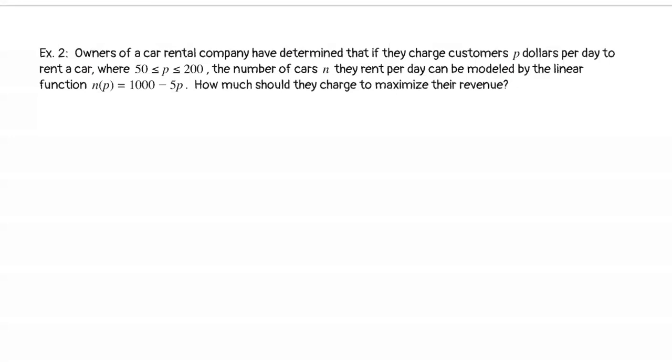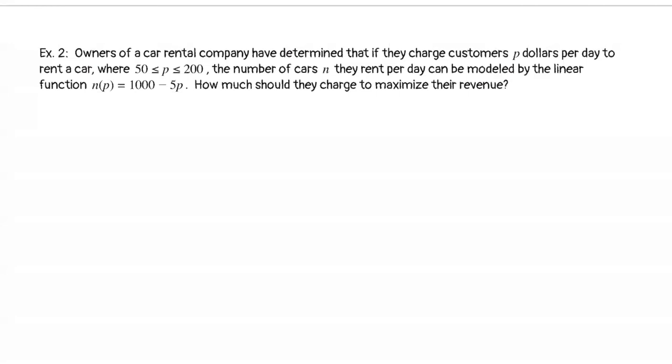Like, what's wrong with this car that you're renting it to me for like $2, right? But on the flip side, if you charge too much, someone might be like, why are you charging me $200 a day to rent a 1998 Honda Civic? Why are you charging me so much when I could find a better deal somewhere else? And so somewhere in between these two extremes, there's this idea of a sweet spot.